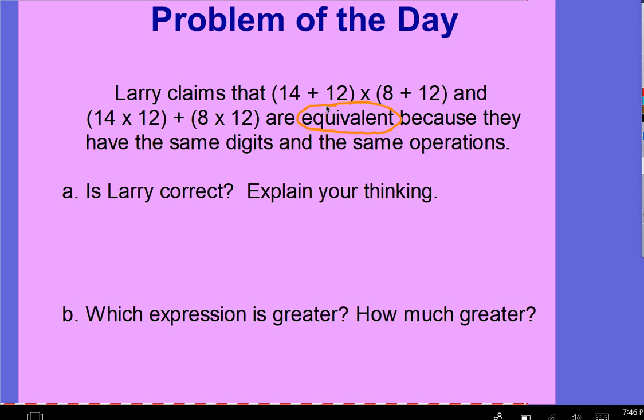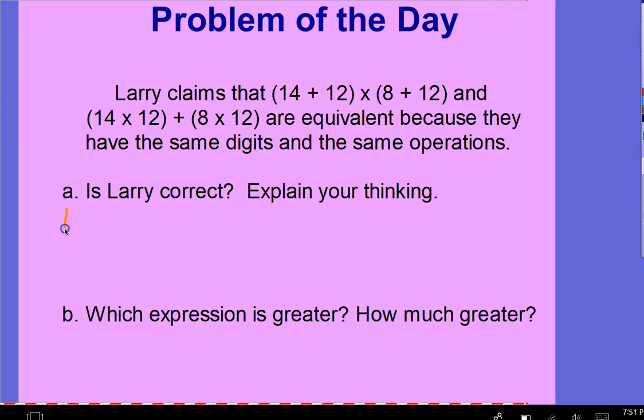Okay, so I'm going to start out by deciding, is Larry correct? So I want to rewrite my expressions down here so I can really look and see what I have. 14 plus 12 times 8 plus 12. And I'm comparing that to 14 times 12 plus 8 times 12. Okay. So what I'm going to do is evaluate these two expressions to find out which one is greater than or less than, or if they are actually equal.